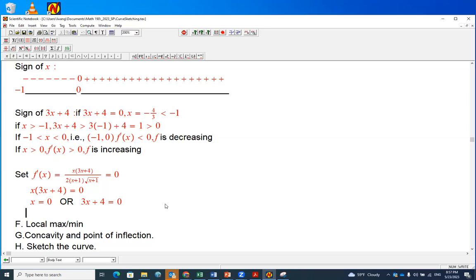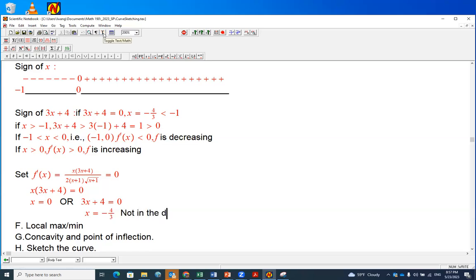But we know that x equals -4/3 is not even in the domain of the function, thus not a critical number.